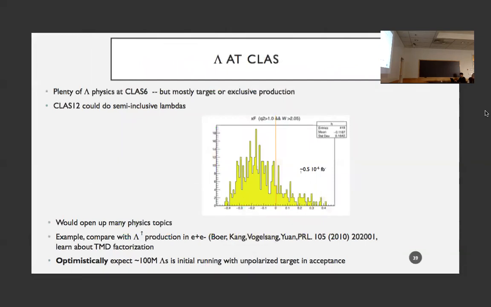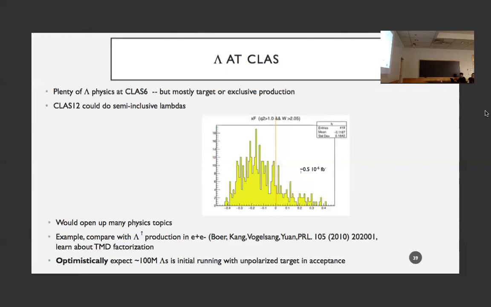You see that in principle for xF greater than zero, these are lambdas that are in principle reconstructed in the CLAS acceptance, so both the pi-minus and pi-proton channel and both in the CLAS acceptance. If you just restrict yourself to xF greater than 0, you get some lambdas. We have to figure out if that's really possible.